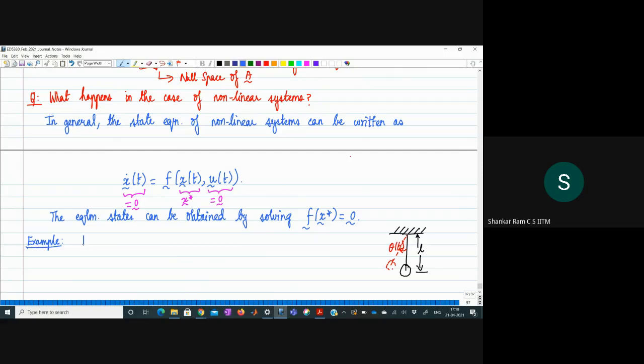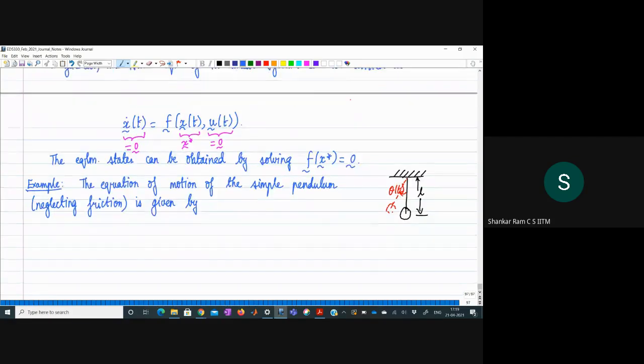The governing equation, or the equation of motion, of the simple pendulum, neglecting friction, is obtained in this form. I leave this to you as an exercise; if you have any questions, you can let me know in the next session.